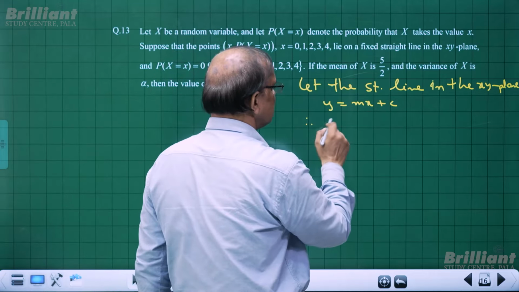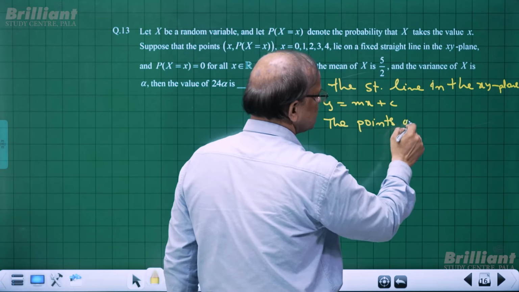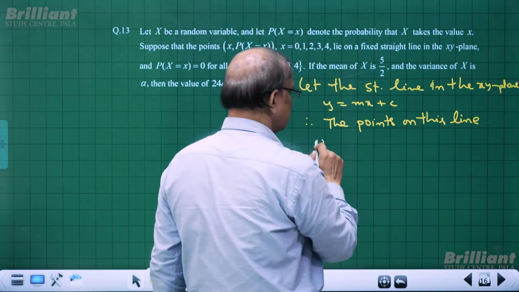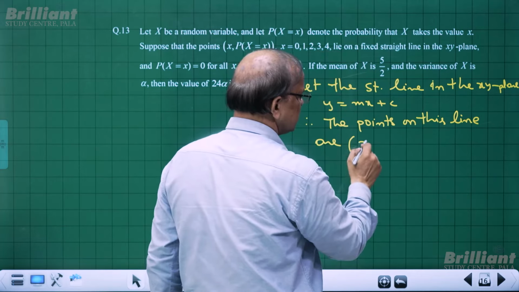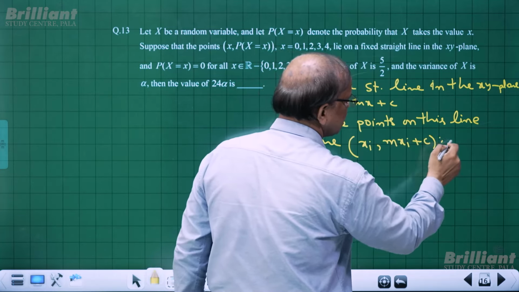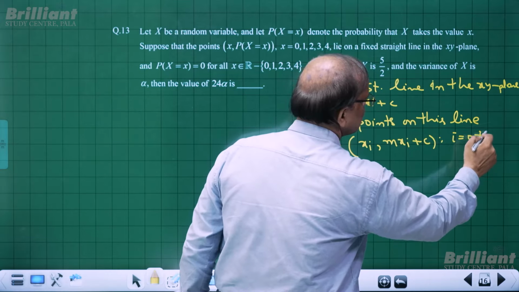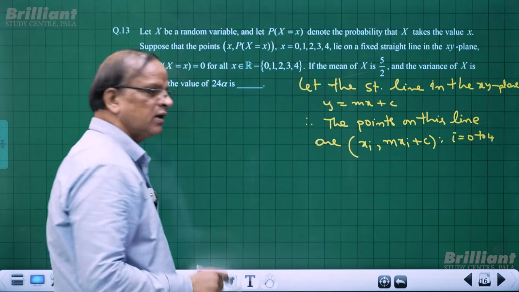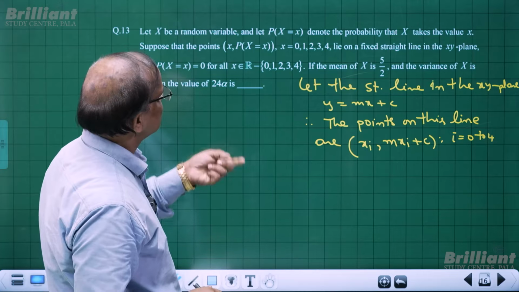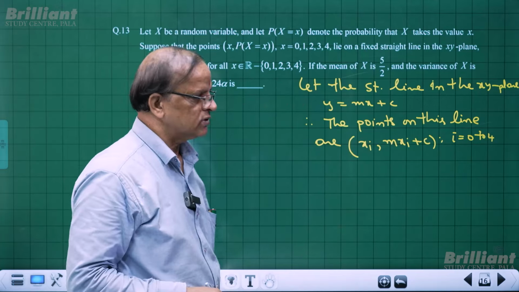So, therefore, the points on this line are xi comma m xi plus c, where i is equal to 0 to 4. Okay. So, now these are the x0, these are the probabilities.